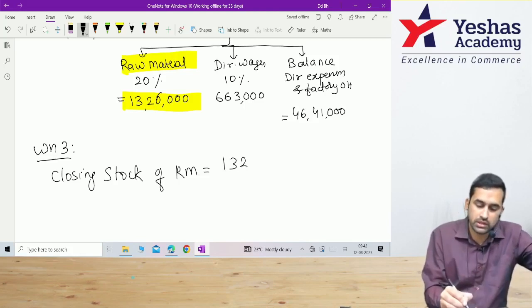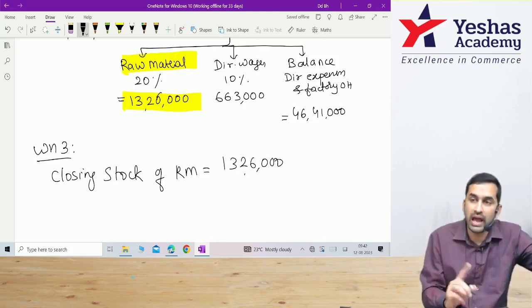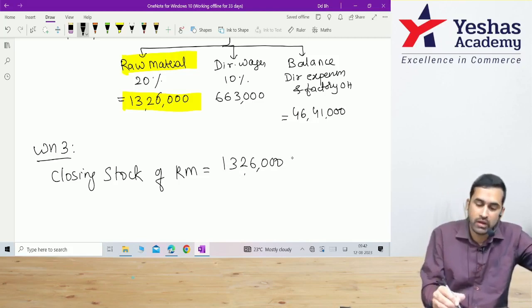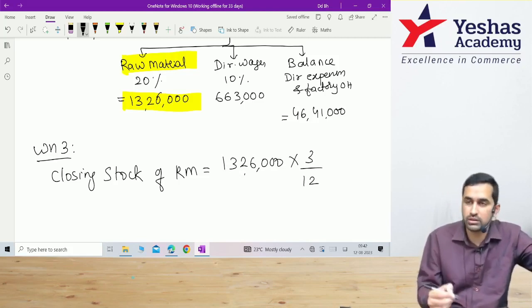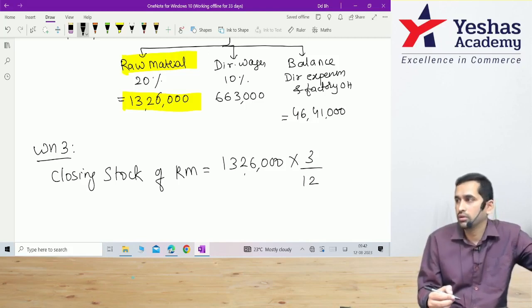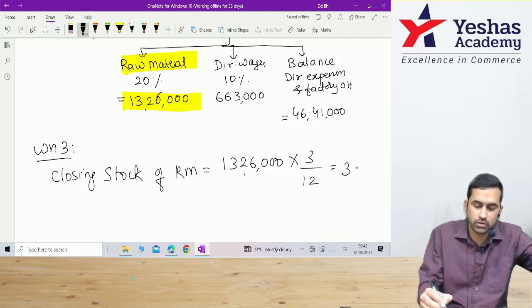Tell me, what is this 13,26,000? Annual consumption, correct? And whatever is required for 3 months, you will have to keep it with you. So into 3 by 12, 3,31,500.